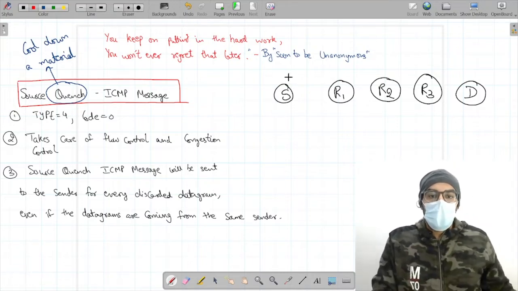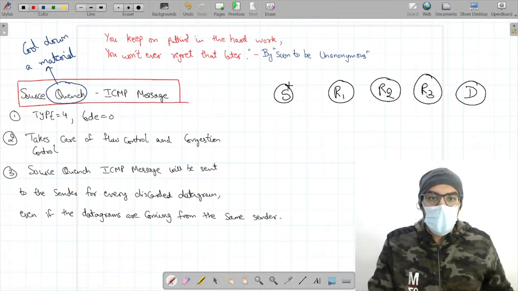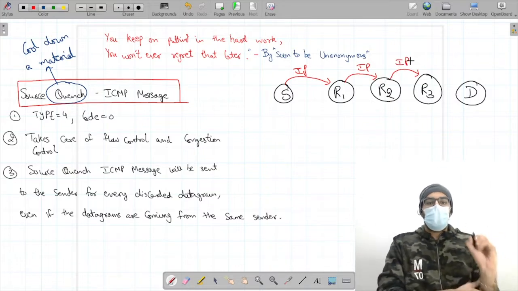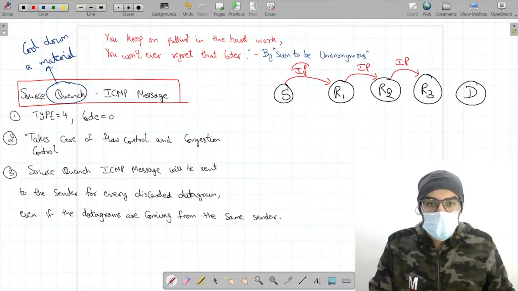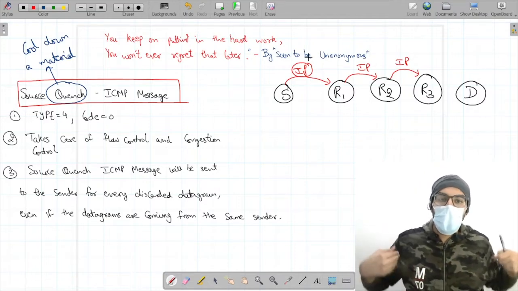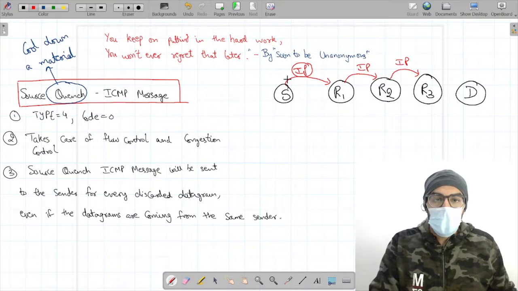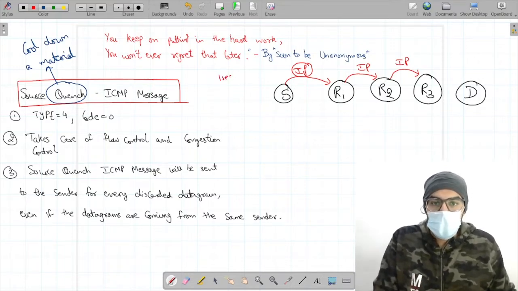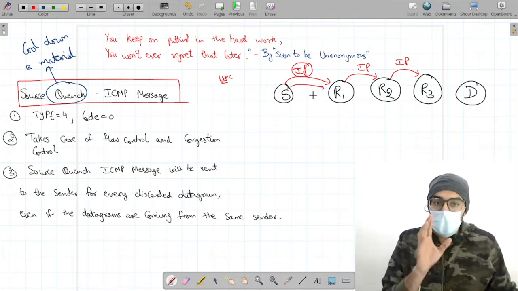Let's say the source is sending an IP packet, which is sent to the router R3. The source is not just sending one IP packet; it is sending a lot of IP packets. This is just an example, not an actual case.